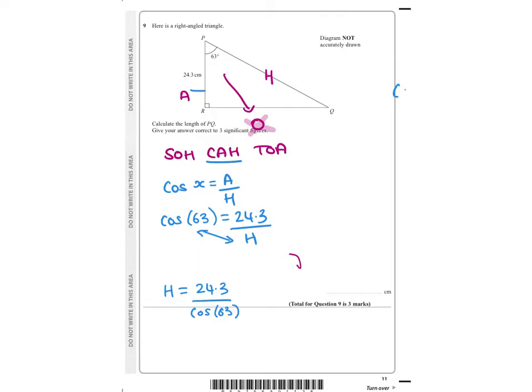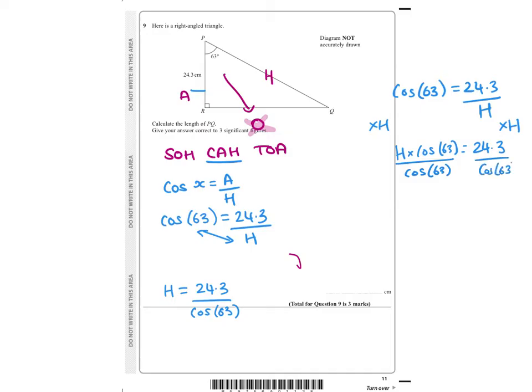Now, how that trick works, because it's really important that even though we know these tricks, we need to understand how it works. First of all, I want to get rid of the H on the denominator. So I need to multiply by H on both sides. So I'm going to get H times cos 63 equals 24.3. Then I want the H on its own. So I need to divide both sides by cos 63. They're going to cancel because everything on the numerator is multiplied by whatever's on the denominator. So then we're going to end up with 24.3 over cos 63.